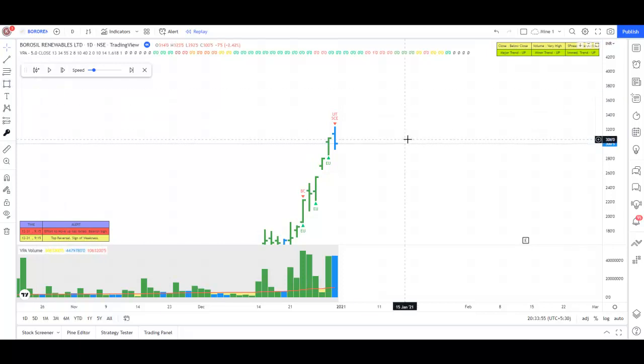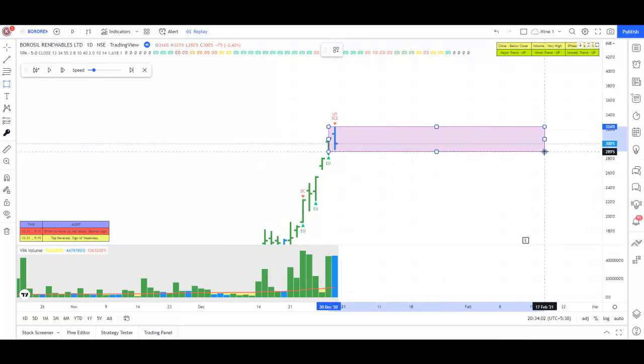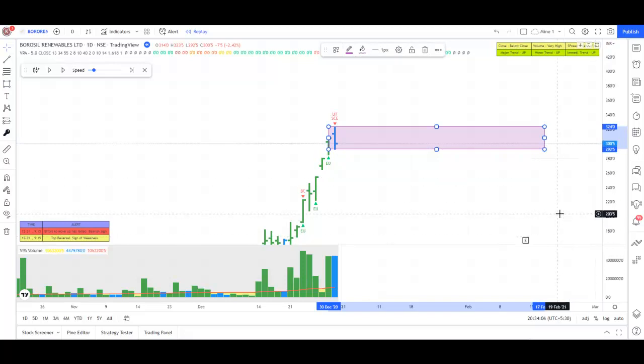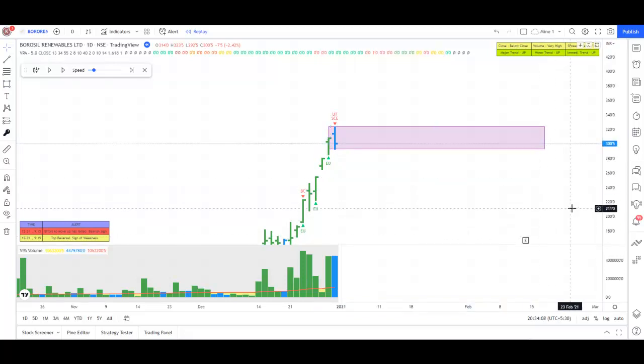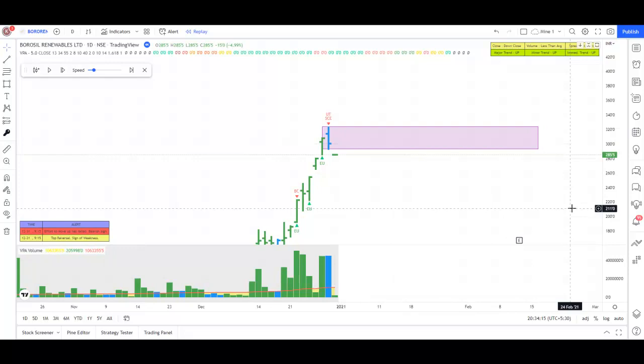Let's see how the further prices play out. Before that, I will draw the shadow of this bar here, the upthrust bar. Let's see how the subsequent bars play out. This is almost a lower lockdown price.